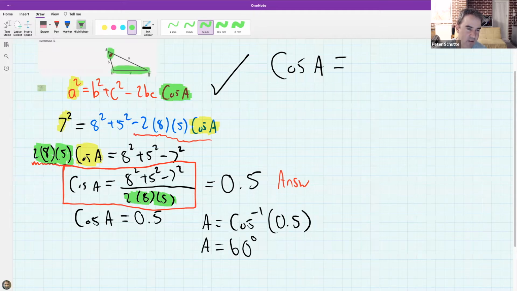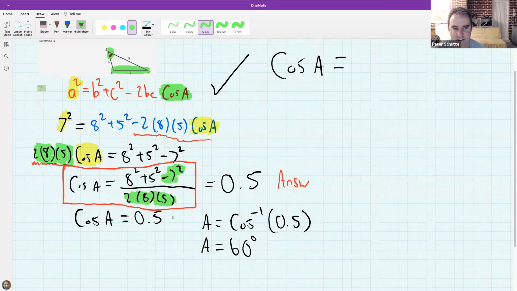It's 7. Notice how the 7 is a negative in this calculation. Notice how the two other sides that are not opposite are just squared and added together. And notice how on the bottom, you've got 2 times the length of 2 sides, but those sides are not opposite the angle that you want to find.